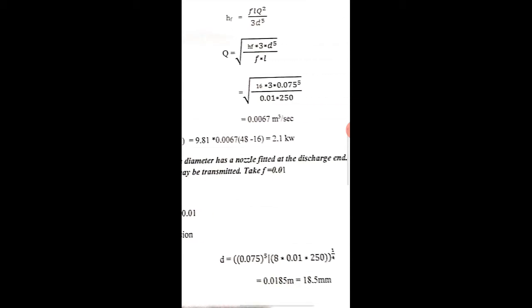Then the third problem: a pipe 250 meters long and 75 mm diameter has a nozzle fitted at the discharge end. Find the diameter of the nozzle so that the maximum power may be transmitted, and f equals 0.01.